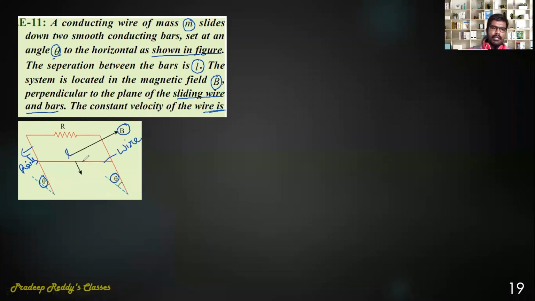The gravitational force component pulling it downward is mg sin theta. mg cos theta is this component, mg sin theta is this component. And mg sin theta should be opposed by some other force acting in the upward direction.